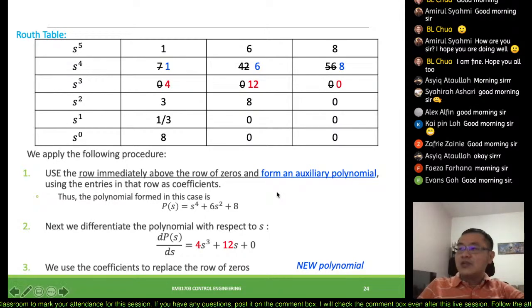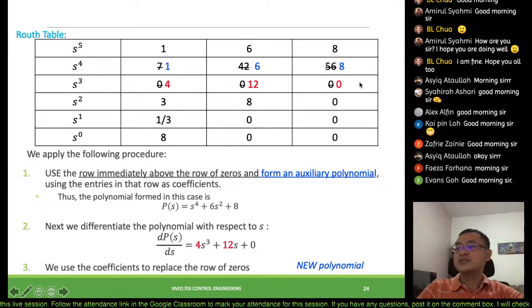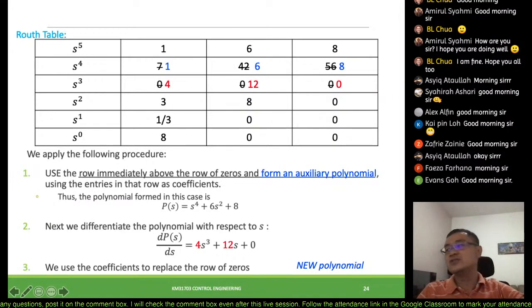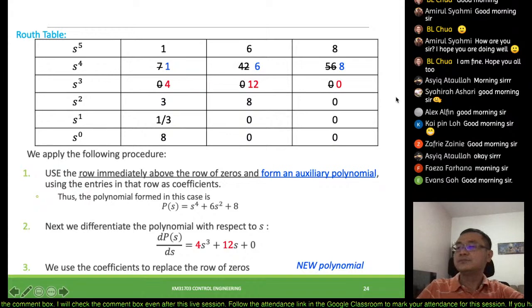So what we can do in this case is break it into two parts. The first part we do as usual, until we reach the row of 0, and we put a remark here. In the exam you can put a remark here: when you get 0, 0, 0, you put a ROZ, representing row of zeros, to our system.